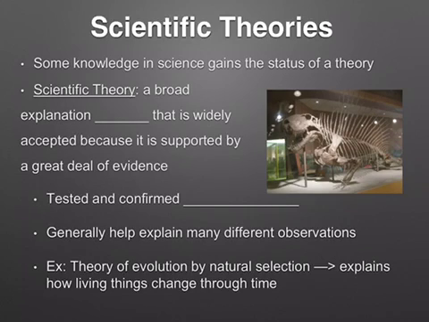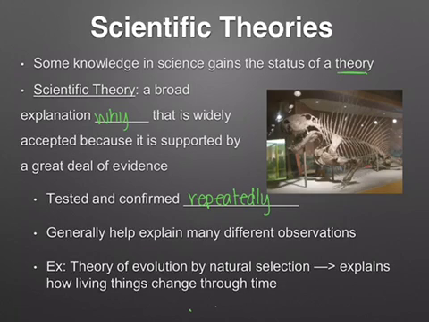And so some scientific knowledge gains the status of a theory. And so a scientific theory is a broad explanation of why that is widely accepted because it is supported by a great deal of evidence. The idea or the scientific theory has been tested and confirmed repeatedly.